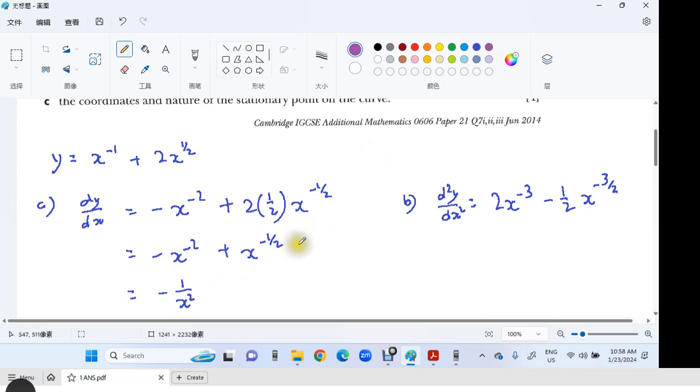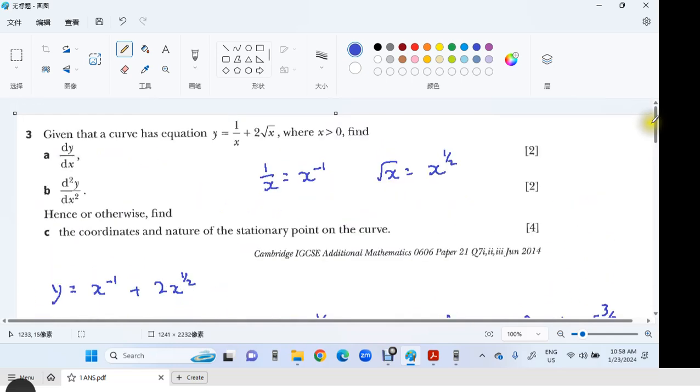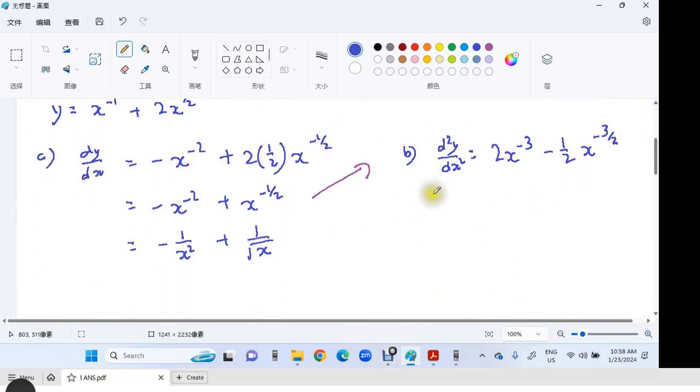Normally I will go from this step to this step, but for dy/dx, I will rewrite it as 1/√x. The x^(-1/2) is 1/x^(1/2), which is 1/√x.